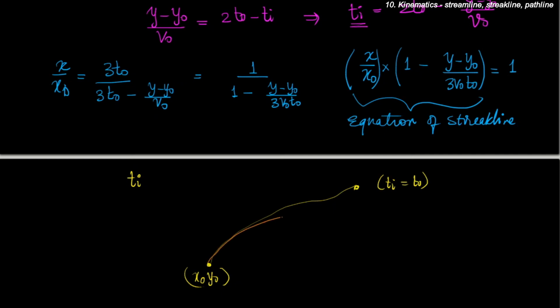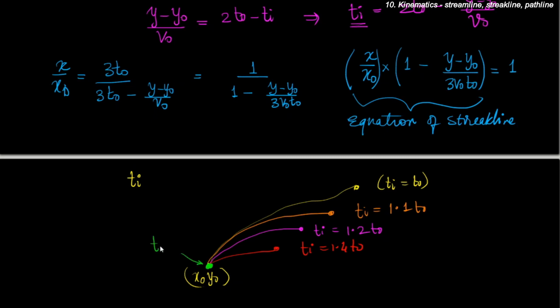Say this is some particle which is injected at Ti equal to 1.1 T0. Then this is the particle injected at Ti equal to 1.2 T0. Then this is Ti equal to 1.4 T0, all the way up to this particular particle which was injected at Ti equal to 2 T0.